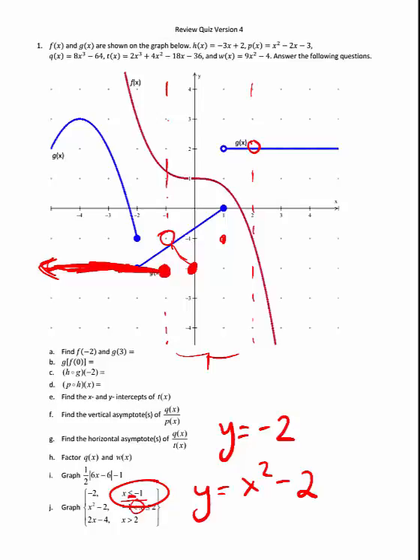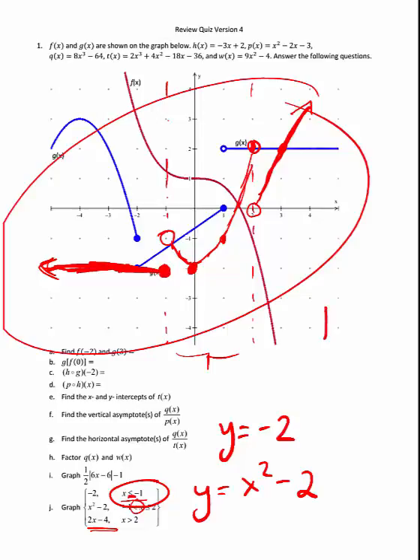And this one is a closed circle. Make sure that this graph looks curved and it's not linear. Then lastly, we have 2x minus 4. So you could start off at negative 4, go up 2 over 1, up 2 over 1, up 2 over 1. And that is our line there. So that's our graph for letter J.